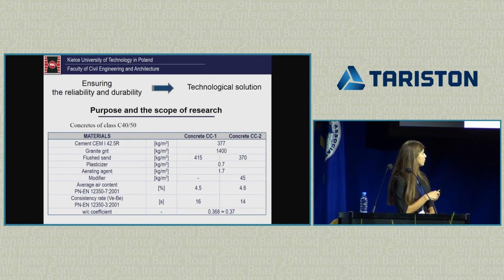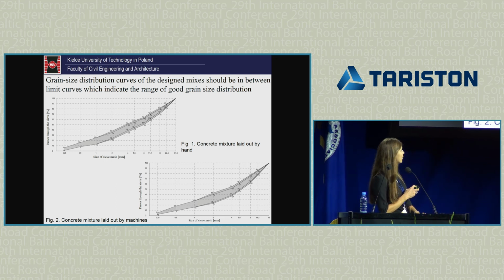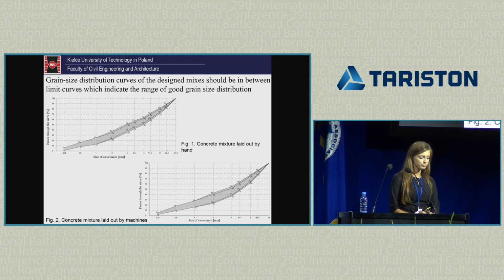Figure 1 and Figure 2 present a good grain size for the aggregate. This gray area indicates the range of the good grain size distribution.